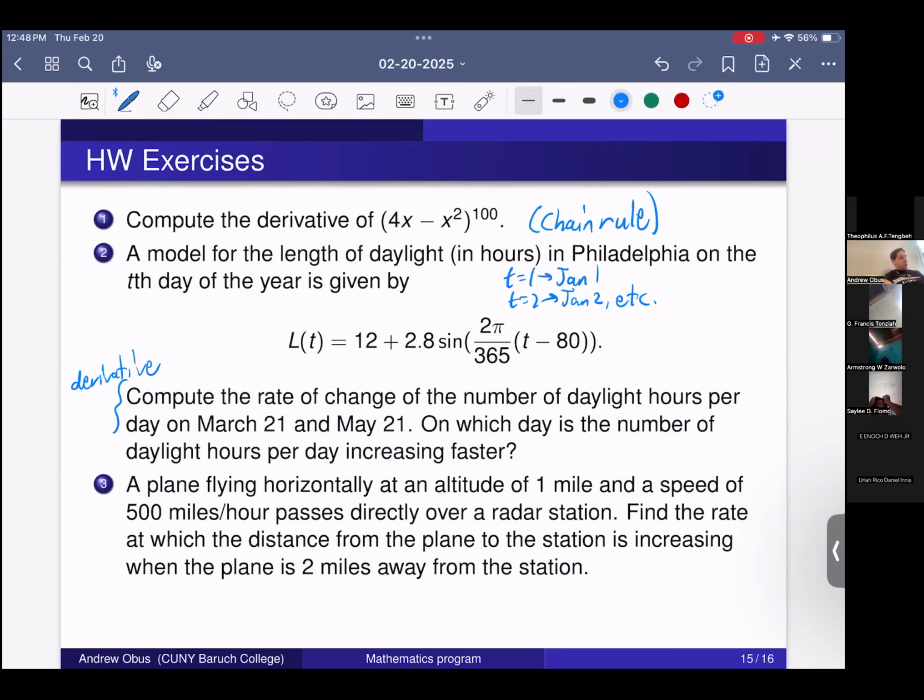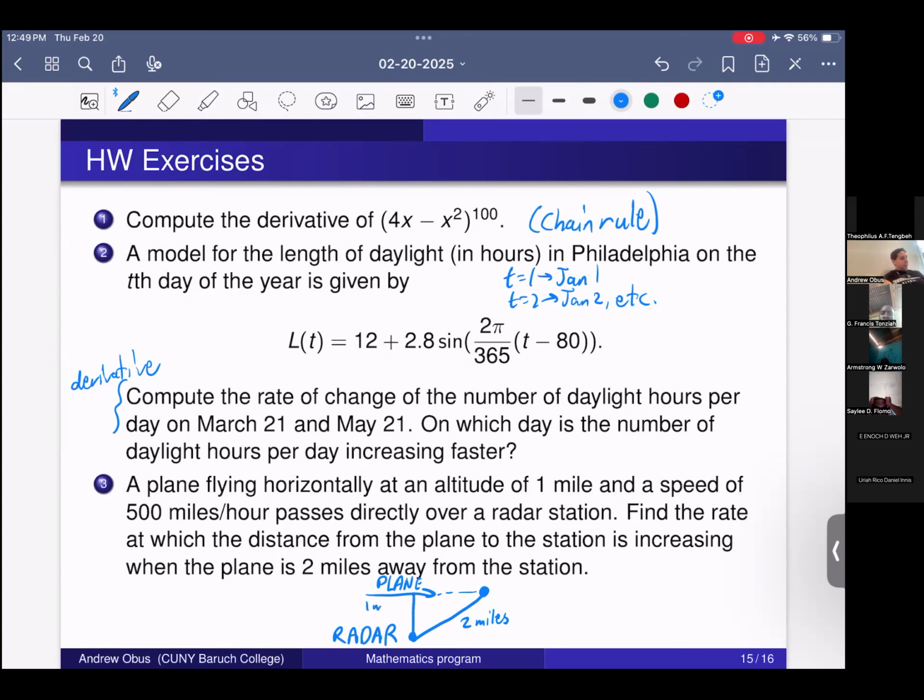And so maybe I'll start you off just with your diagram here. Right, here's your radar station. Your plane is flying straight over. This is your plane. And then the plane at some point over here is 2 miles from the radar station. And the plane is flying at an altitude of 1 mile.